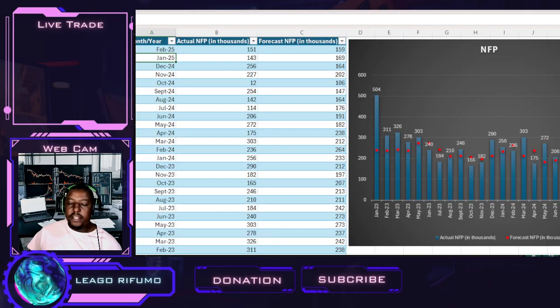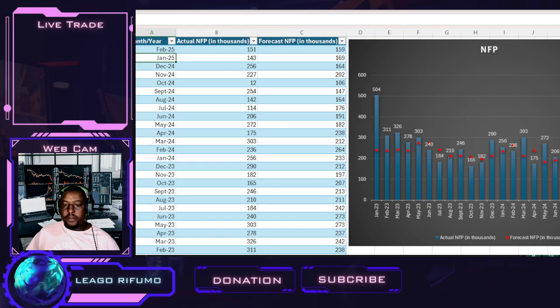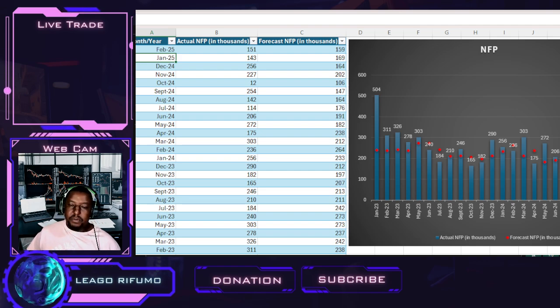But anyway, the NFP numbers last week came out at 151. The forecast was lower, so we could expect the number to be slightly bullish. However, we didn't see that because the market reaction is now slightly different with higher NFP numbers.